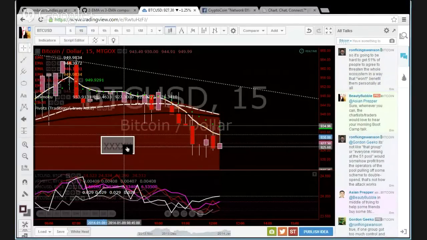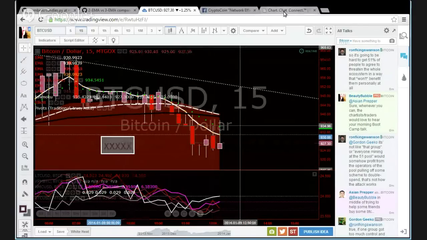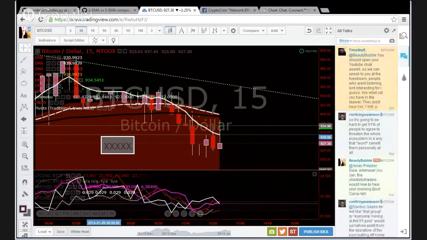If not, I can go to my Twitter and put the Chart Chat Connect and Coin Chat Connect donate button in there. But I wanted it to be for you guys.